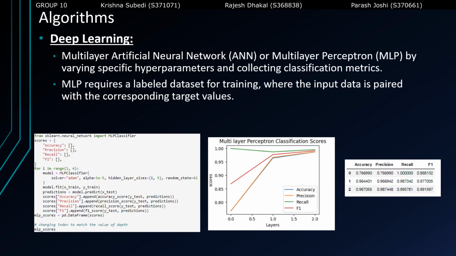Hi, this is Krishna Subedi. Let's explore deep learning, a fascinating aspect of AI that uses artificial neural networks to model how our brain functions. A multilayer perceptron (MLP) is one of the types we are discussing. It resembles a layered network of nodes inspired by the brain that processes data and recognizes intricate patterns.